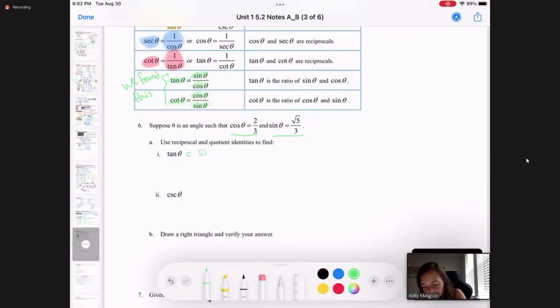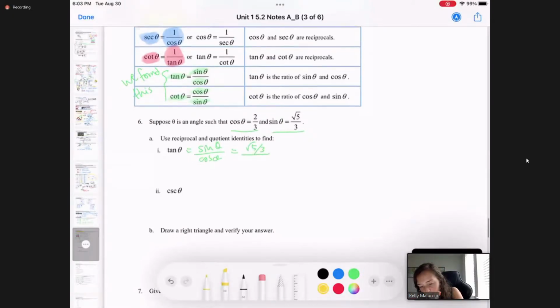Tangent is sine theta over cosine theta, which is square root 5 over 3 over 2 over 3. I'm pulling it right from these identities. You don't need to write this step, but when we divide by a fraction, we're multiplying by the reciprocal. You could have just said the 3's cancel, or you could write it out here and see the 3's cancel.